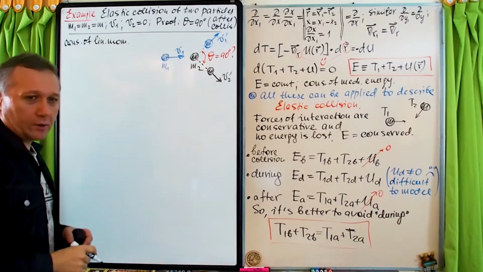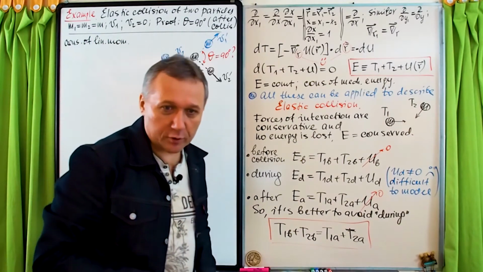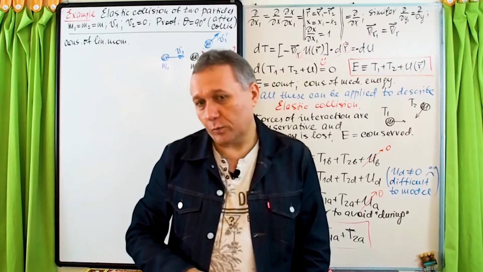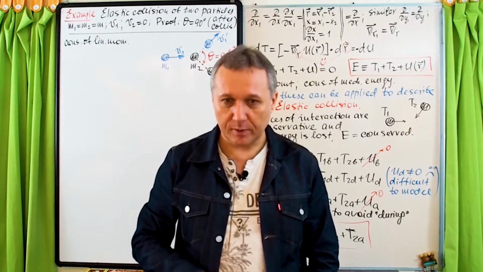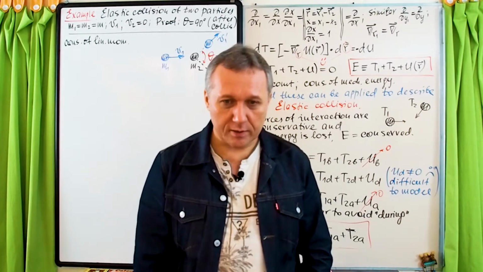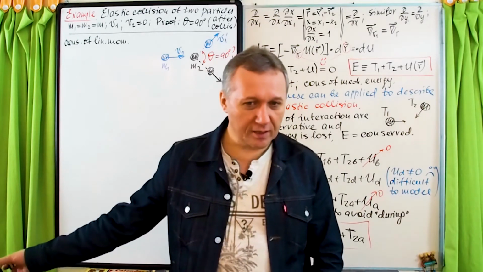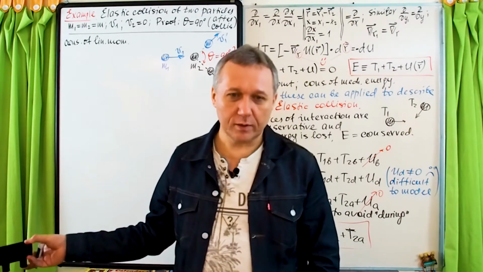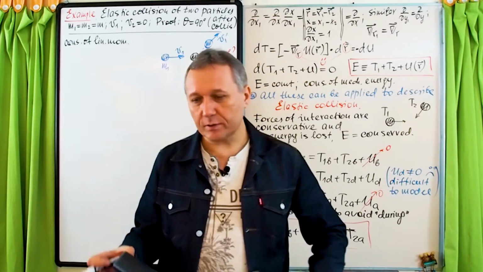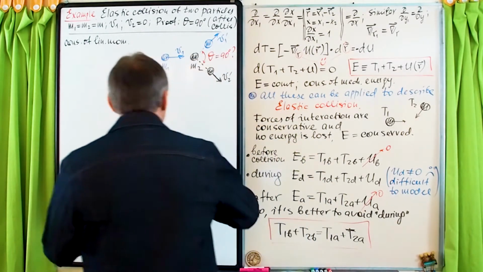Whenever you use that, you need to ask yourself: why can we use conservation of linear momentum? It's basically billiard balls, you can think. In this case the table is designed so that there are no external forces.